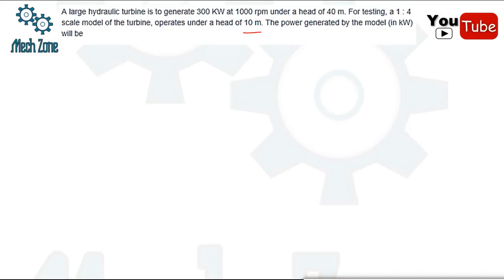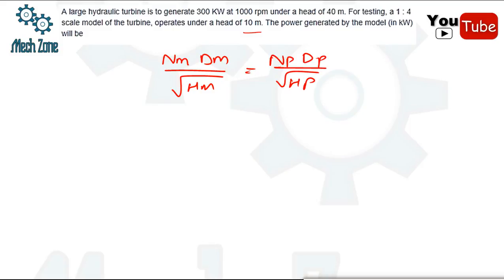Now for the similar turbine, the specific speed N_m D_m upon under root H_m would be equal to N of the prototype D of the prototype upon under root H of the prototype. Now N of the model has been given as 1000 rpm.